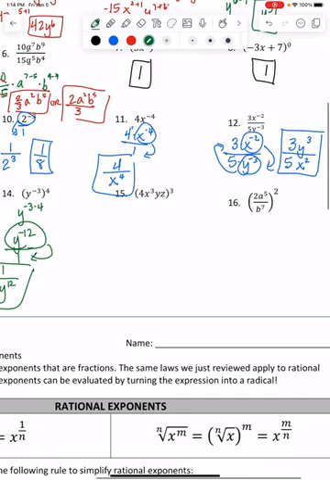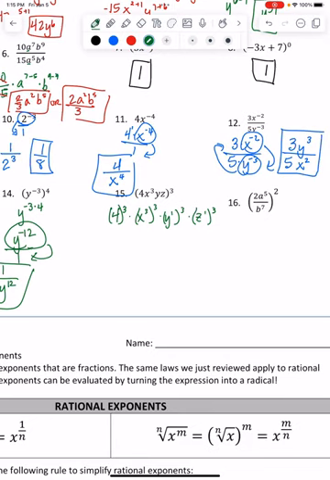And then for 15, we have 4x cubed yz all to the 3rd power. So we have a bunch of stuff in parentheses being cubed. To simplify that, we take everything in those parentheses and we cube it. So everything in there gets taken to the 3rd power. Okay?